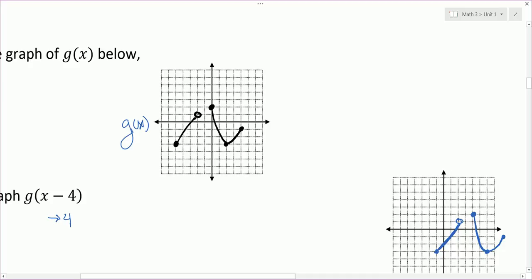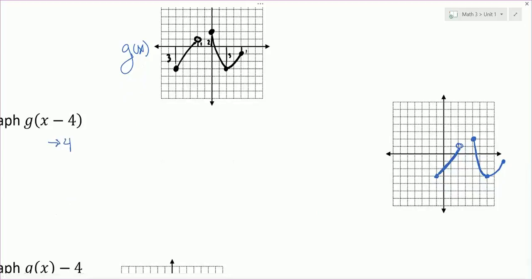So if it's above the x-axis 1 unit, we're going to go below the x-axis 1 unit. Or if it's above the x-axis 2 units, we're going to go below the x-axis 2 units. So we have this one right here is 3 units below, this one's 1 unit above, 2 units above, 3 units below, 1 unit below.